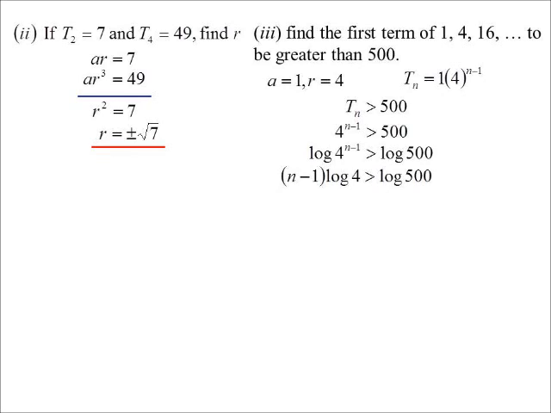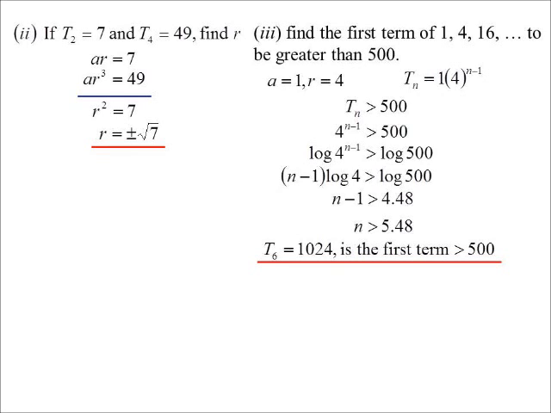And so I now can say n minus 1 times log 4 is greater than log 500. I can now work out n, because I'll divide both sides by log 4, and on the right hand side I get 4.48. So I now know n is greater than 5.48. We want the first whole number, so n is 6. So it's term 6, which turns out to be 1024.